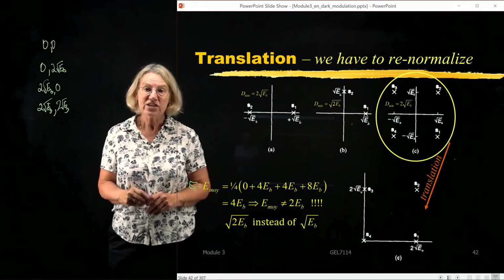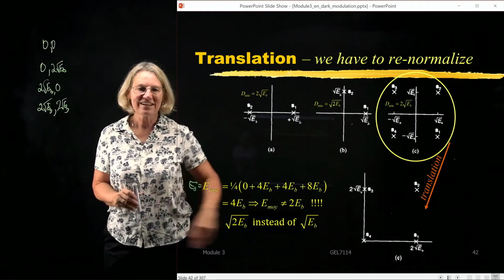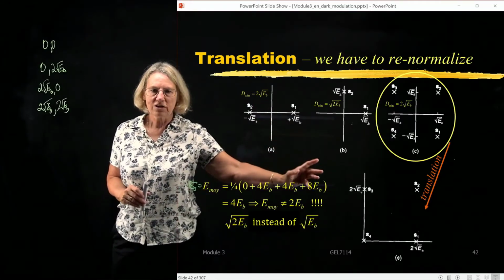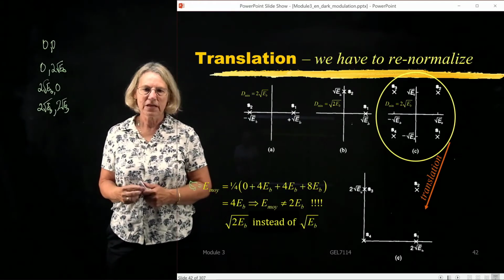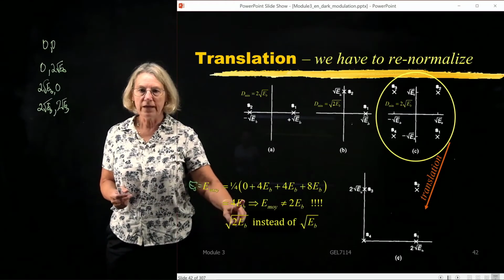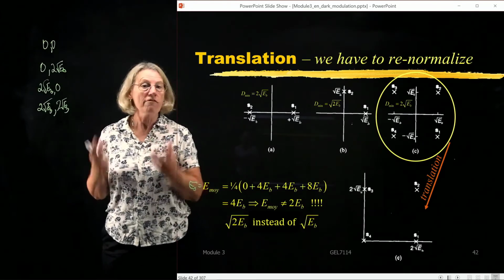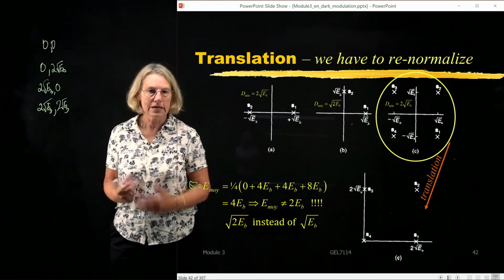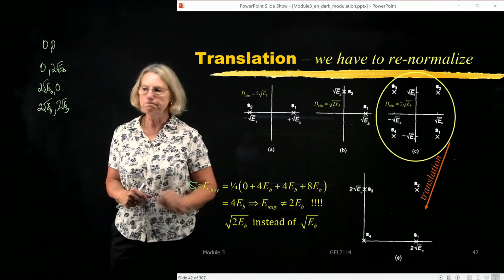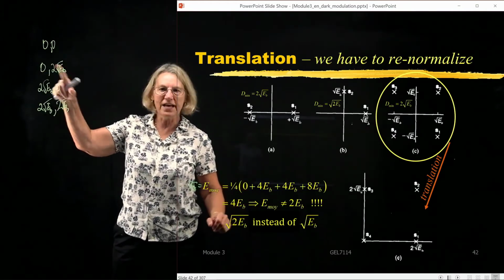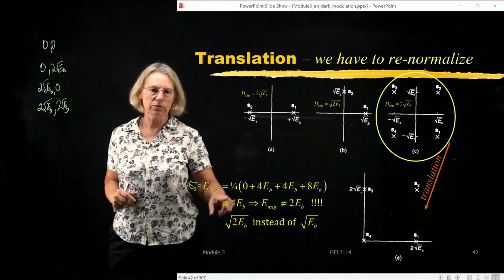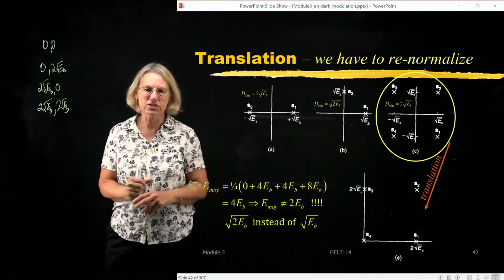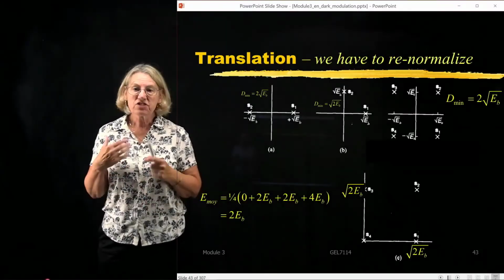So I have to change it in order to get the correct normalization. So this should not be 4 EB, it should be 2 EB, so I'm off by a factor of the square root of 2. So instead of having 2 times the square root of EB, that 2 should actually be inside the square root. If I put it inside the square root, then this 4 becomes a 2 and everything is okay. So now I have changed the coordinates.